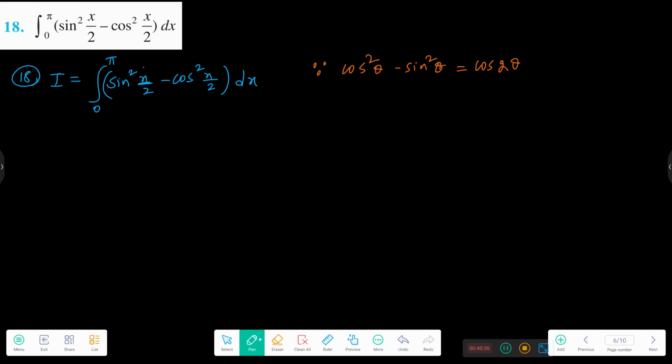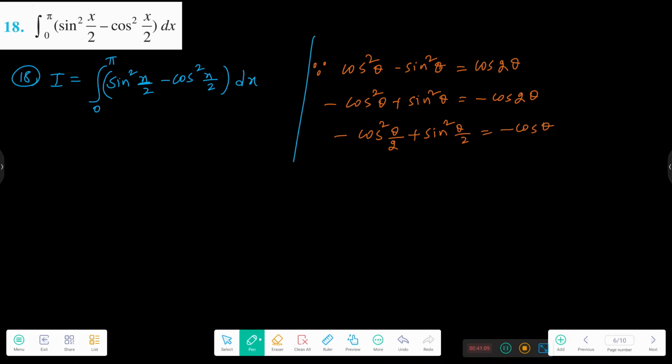But here sin is positive and cos is negative, so multiply negative on both sides. When I multiply negative, cos square theta plus sin square theta minus cos 2 theta you get. But instead of theta, what do we have here? X by 2. Don't forget. The 2 when you send opposite, you will get minus cos theta by 2 squared plus sin square theta by 2 is equal to minus cos theta.